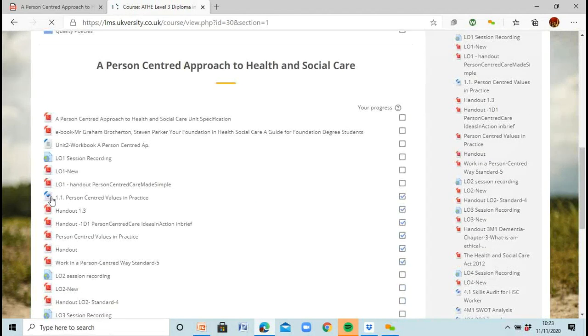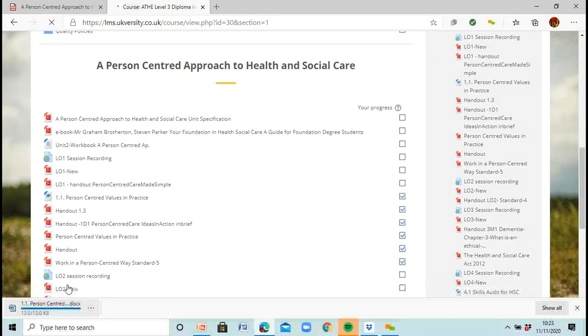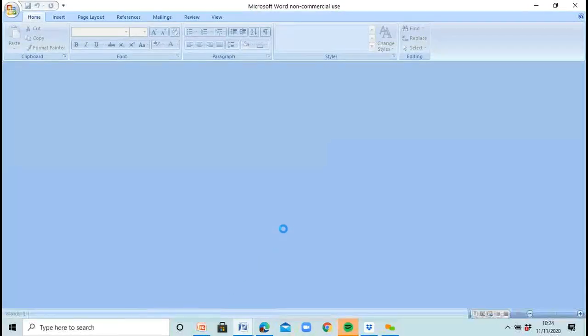And then it's not going to take you very much time. So here, 1.1, person-centered values. It's just downloading it for me. There is another one here, which says person-centered values in practice. That's the same document, it's just a PDF, so you can't write on that one. There you go, finally, it's coming up.